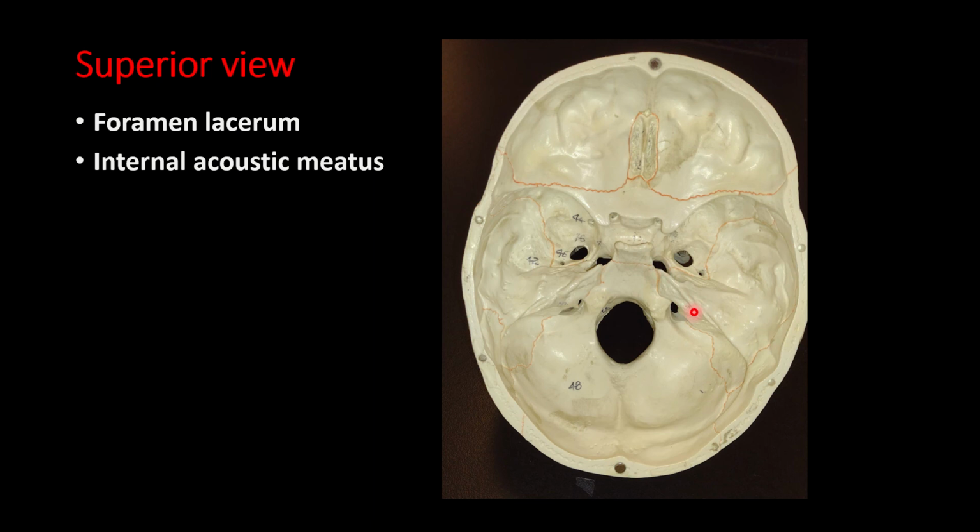Internal acoustic meatus, a little bit difficult to see. In this view, you have to have a side view to see it, but this is the area. And jugular foramen. If you find jugular foramen, which is really big, and if you look up, you will find the internal acoustic meatus.